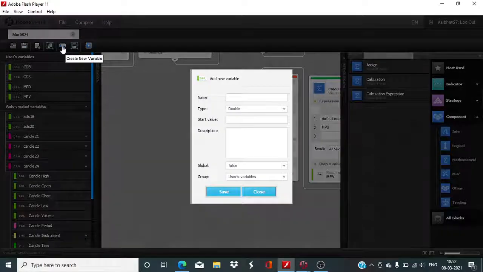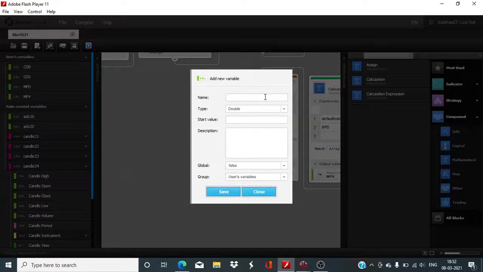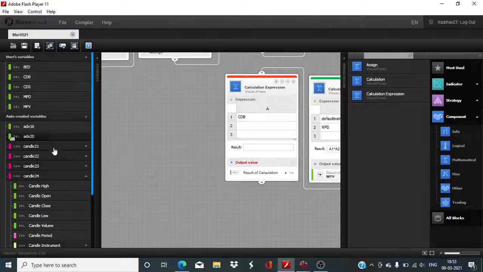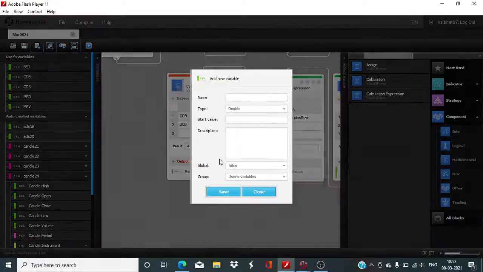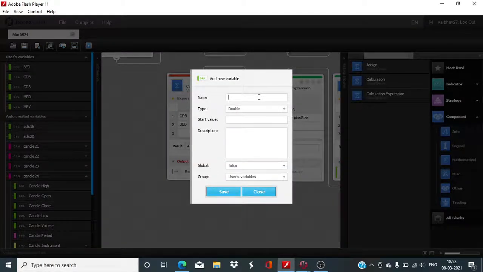For that, I will create a new variable which is going to be execution difference 0.4, and this is A1 into A2, execution actual difference.